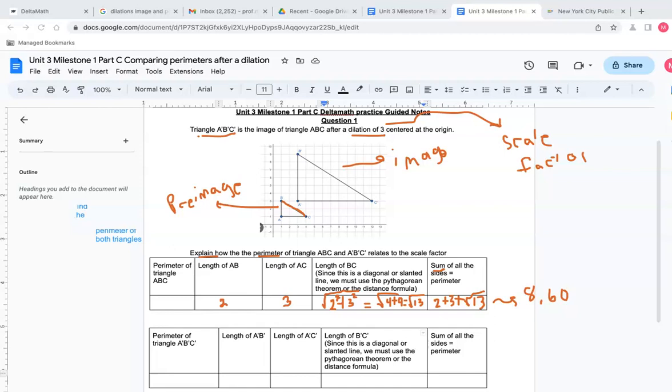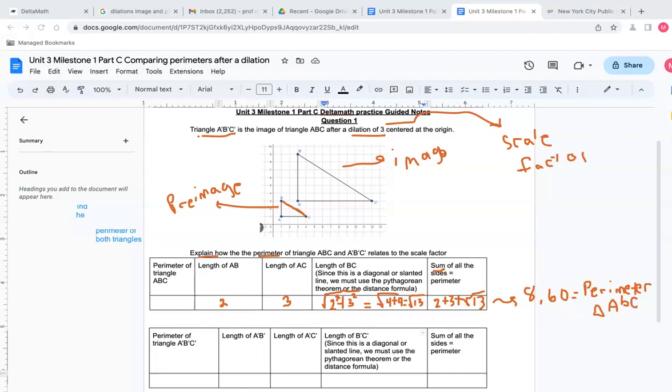All right. So this is equal to the perimeter of triangle A, B, C.